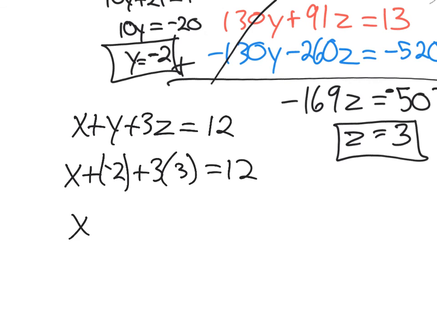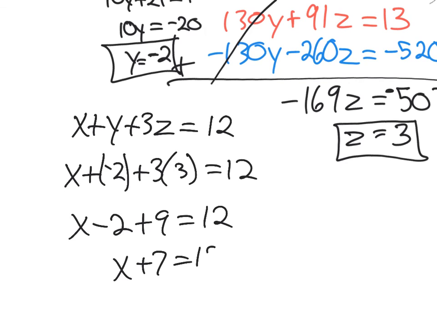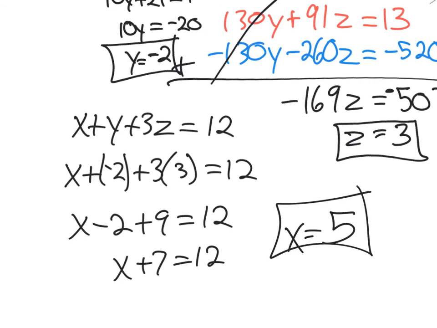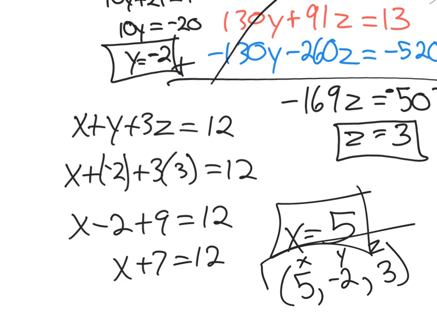So I get x minus 2 plus 9 equals 12. x plus 7 equals 12. What plus 7 equals 12? x is going to be 5. So my answer would be 5, negative 2, 3, because I have my x, my y, and my z. That's my answer.